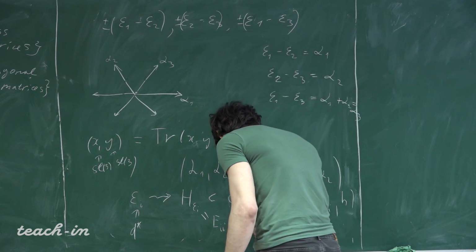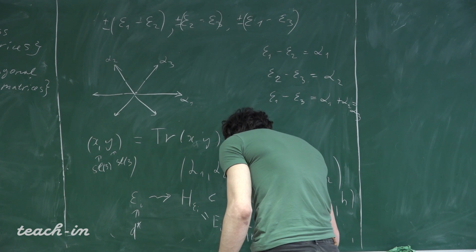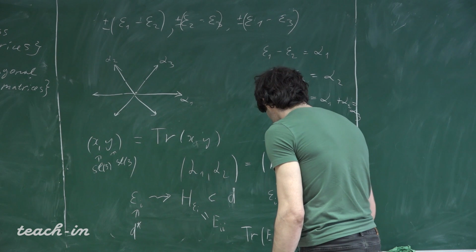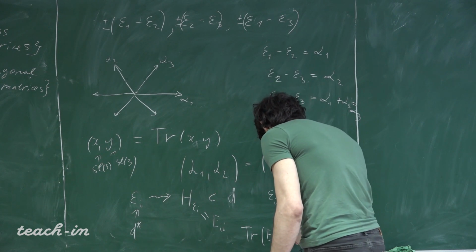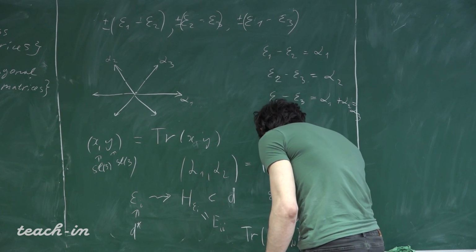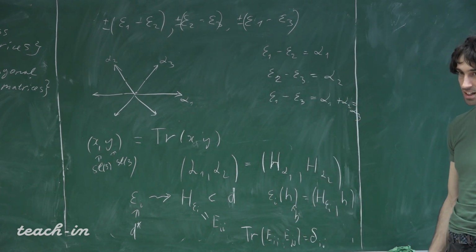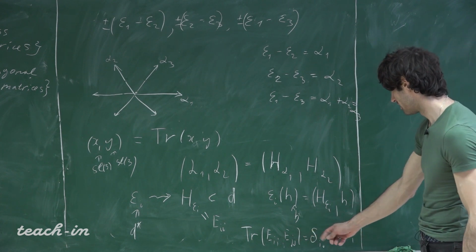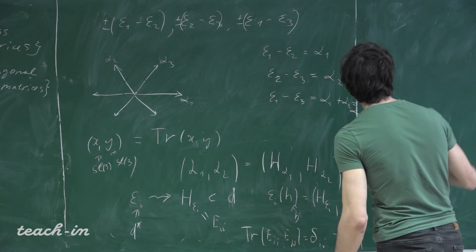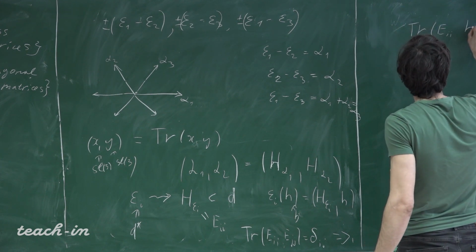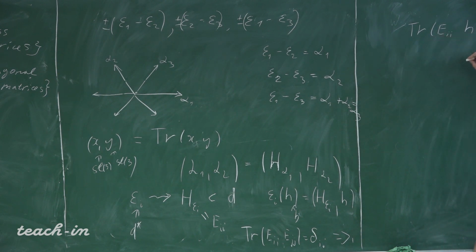The trace of E_ii, E_jj is delta_ij. Therefore, the trace of E_ii with any h from the Cartan subalgebra is h_i.